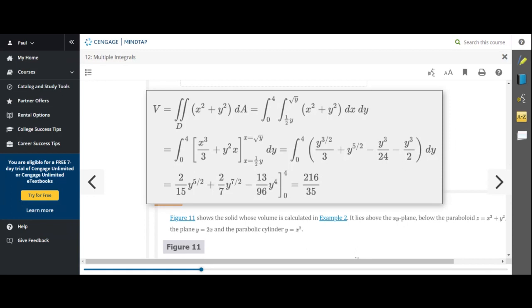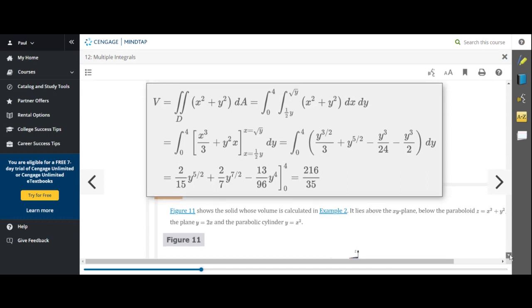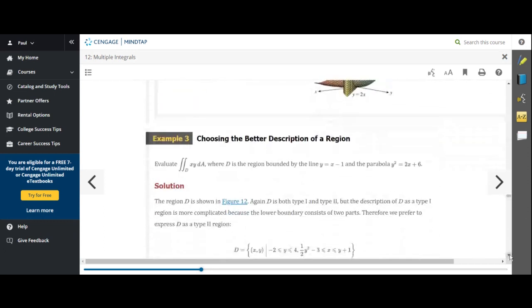Are there any questions on this example 2? All right, if you're good with that, then let's move forward.